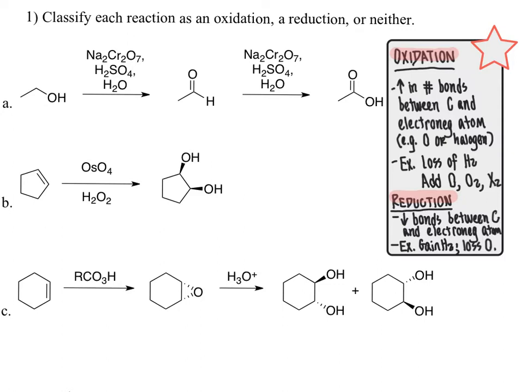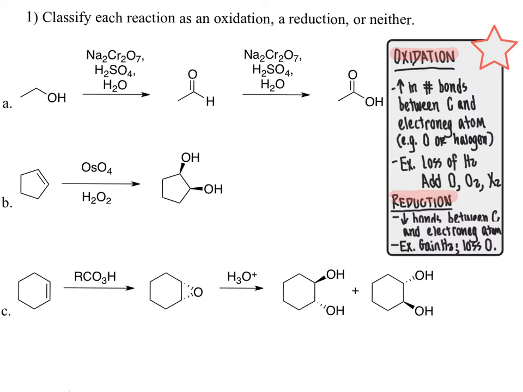Reduction is the opposite. In reduction, the product has fewer covalent bonds between carbon and the electronegative atom than the reactant had, corresponding to a gain of hydrogen, H2, and or a loss of oxygen or the electronegative atom, such as the halogen.